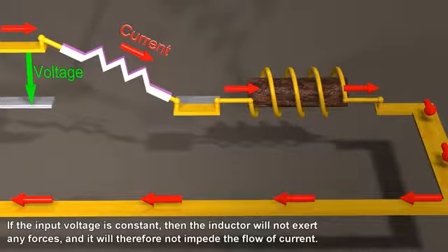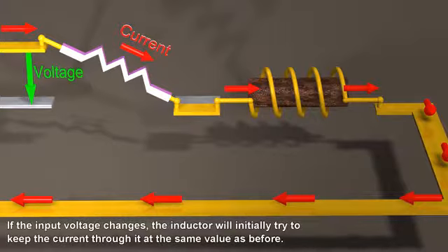If the input voltage is constant, then the inductor will not exert any forces, and it will therefore not impede the flow of current. If the input voltage changes, the inductor will initially try to keep the current through it at the same value as before.